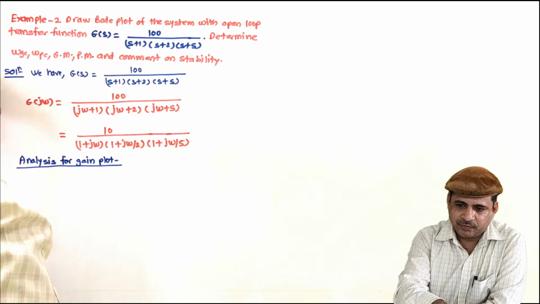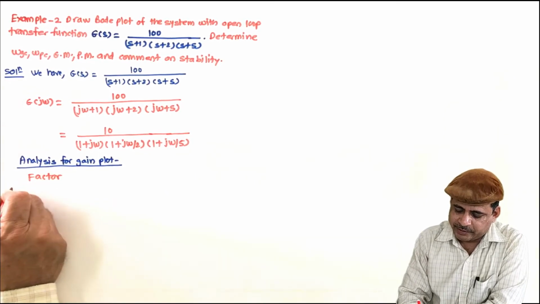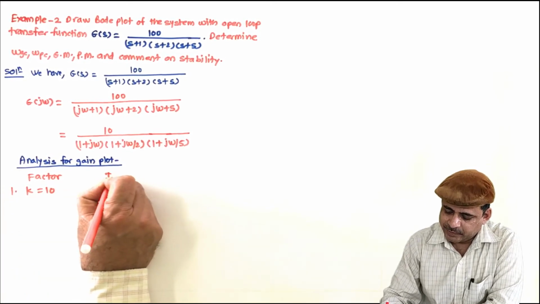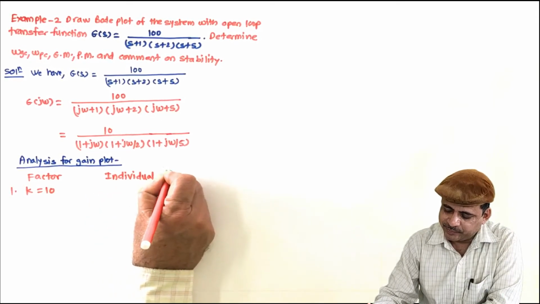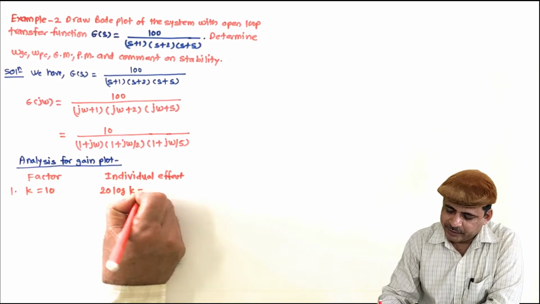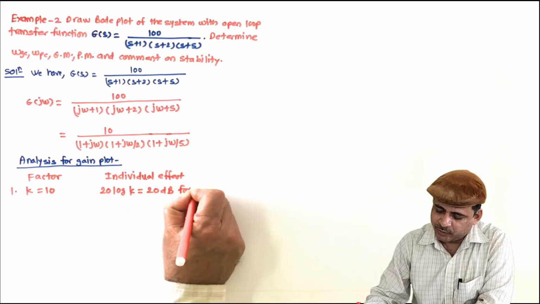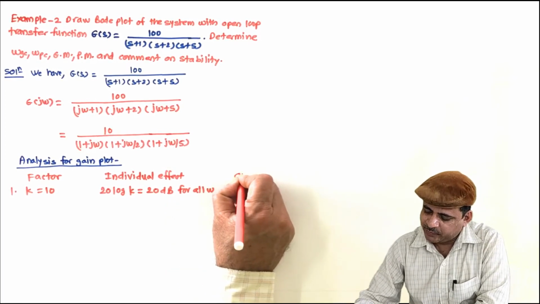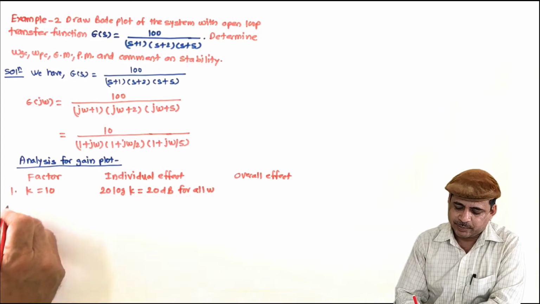So we will arrange all the factors in the ascending order of frequency. The first factor will be gain K equal to 10. Then its individual effect will be 20 log K equal to 20 log 10, which is 20 dB for all omega, and the overall effect will be considered in the plot.